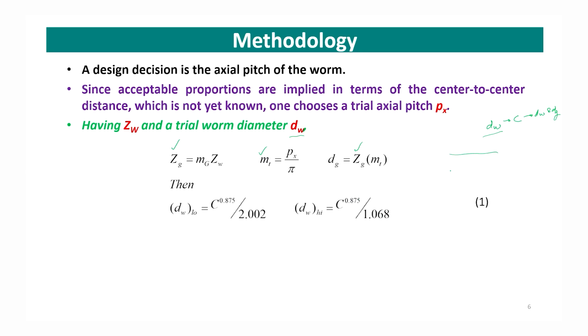The meaning is, this is your worm cylinder, pitch cylinder of the worm, and this is the pitch circle of the gear. These are the axes, and so the center distance is this C, and in terms of this C is this dw.